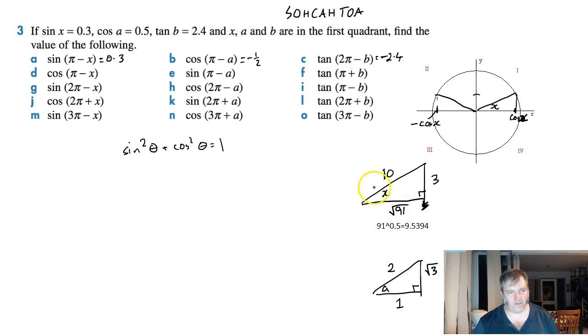We could find the cosine of x equals adjacent, root 91 over 10. Or if we just divide that by 10, it's about 0.95394. Wow, bit of a mouthful. But there you go. Cosine of x is root 91 over 10, but it was negative because it was cosine of pi minus x in a negative cosine quadrant. So it's just negative, same size.